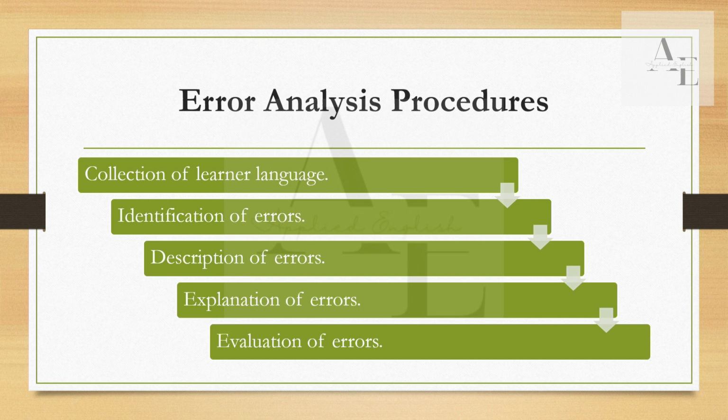So there are procedures or steps for error analysis. There are 5. First of all, collection of learner language. They have a collection of the learner's language through tasks, tests, quizzes, or something like that. Then they do identification of errors. They first need to identify whether this is actually an error, meaning there's a lack of knowledge, or it's just a lapse or a mistake that happens one time.